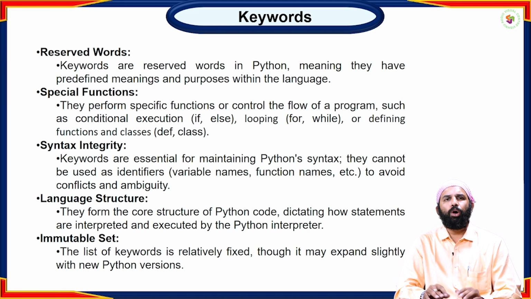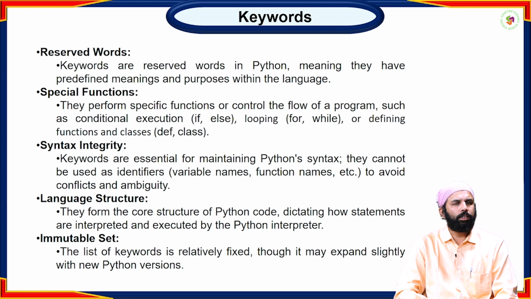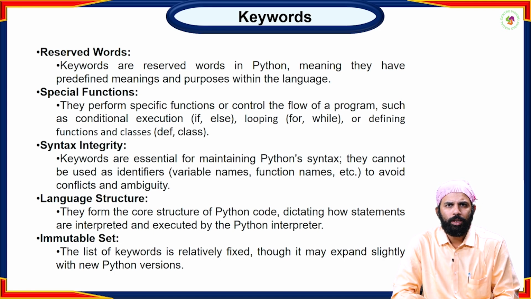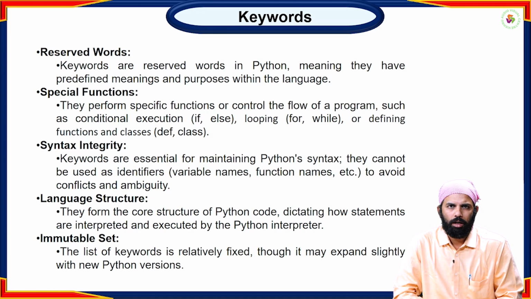Keywords must not be used for any other work; their usage is restricted to one meaningful purpose, and they must not be used for any other purpose than their specific definition.